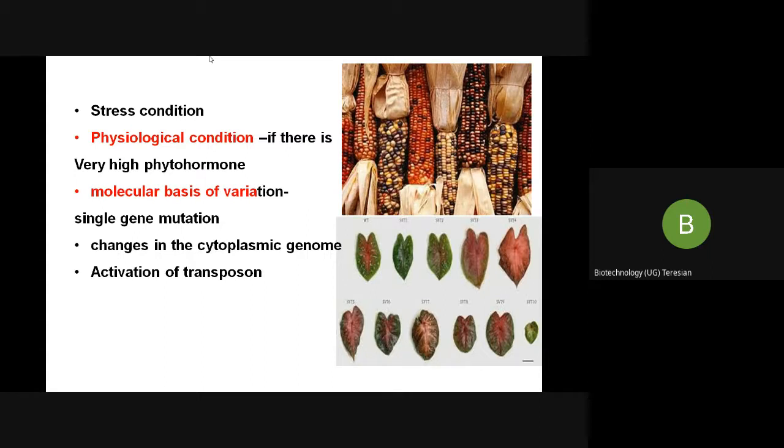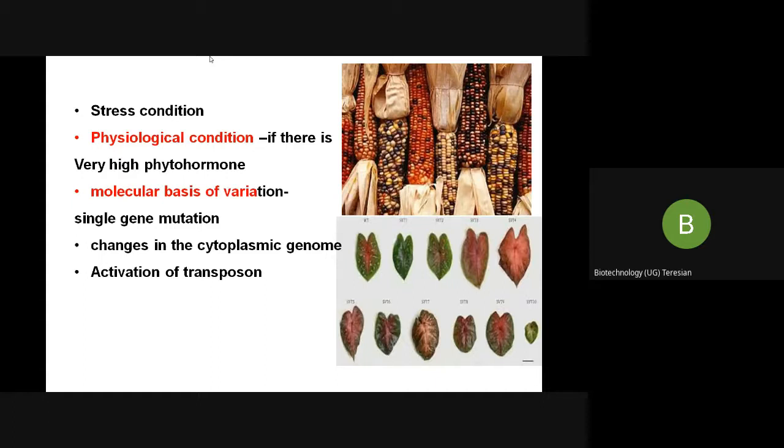Generally, whenever we are doing plant tissue culture, we do not use any mutagenic agent in the media, like colchicine. We don't use it. But when you are doing plant tissue culture, there may be sudden changes in the culture condition, or you may delay the subculture.